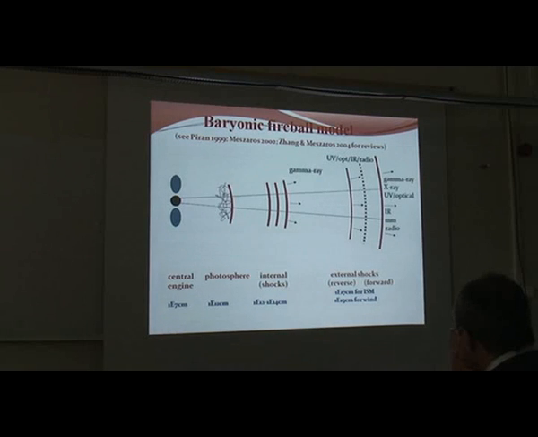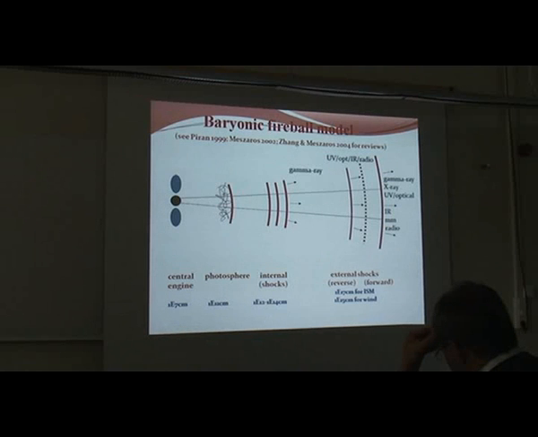I'm showing you the general picture of the baryonic fireball, the so-called standard internal shock model for GRBs. In this model, the central engine is a black hole surrounded by an accretion disk. The accretion onto the black hole can launch a relativistic outflow.